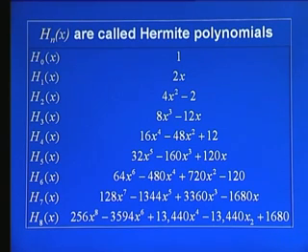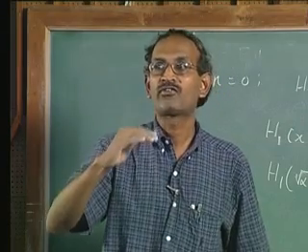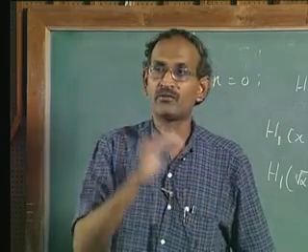So whether x is plus x or whether x is minus x, the function is the same. You go to h3, it is a cubic, 8x cubed minus 12x. Again, this function becomes the negative of the function for negative values of x. So you see that this series alternates between functions which do not change sign and functions which change sign as you change x from minus to plus x.